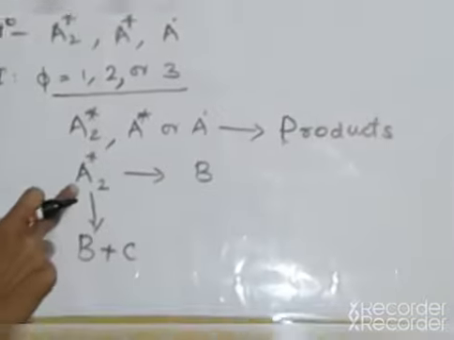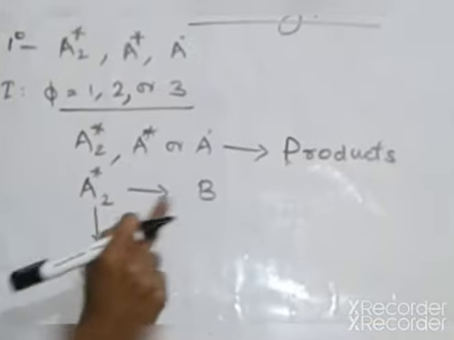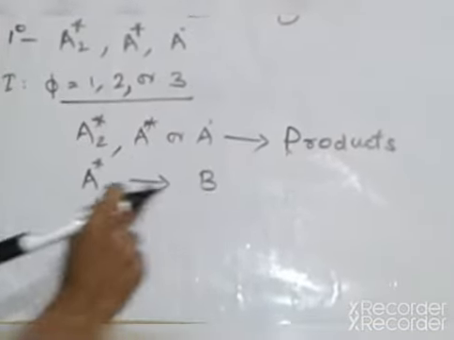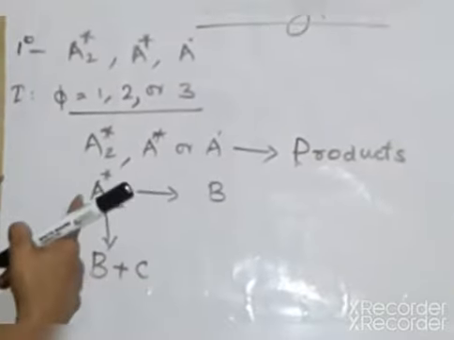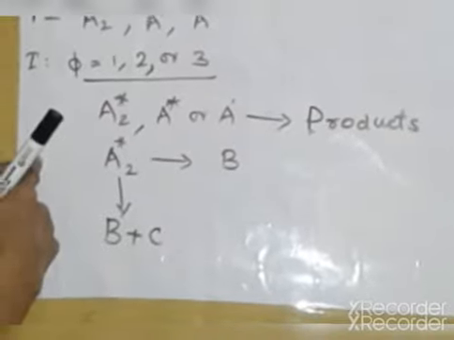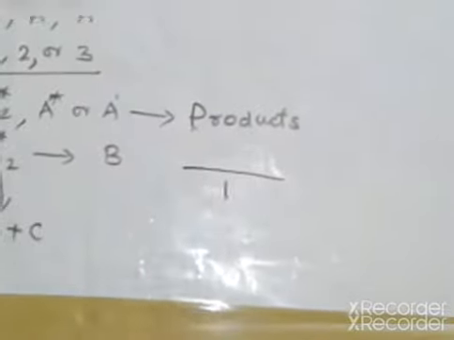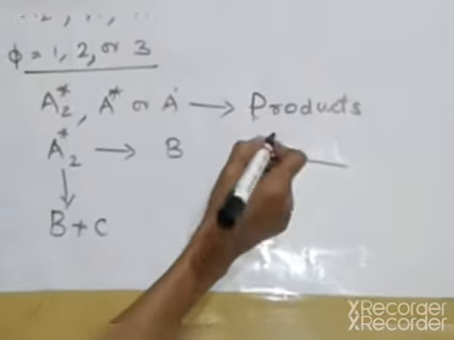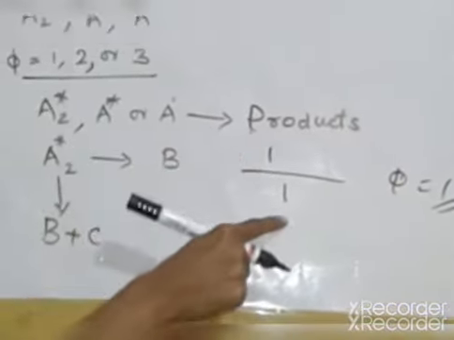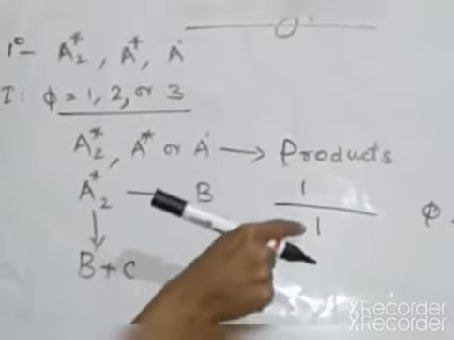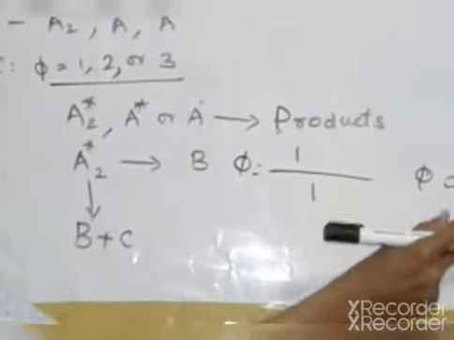For example, an excited molecule A2 star may undergo reaction to give a product B. The molecule absorbs one quantum of radiation and the number of products formed is also 1. That is, the number of molecules produced divided by the number of quanta absorbed is 1 by 1, so phi is equal to 1.